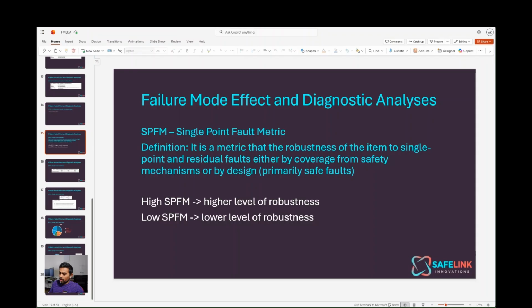SPFM is one of the hardware architectural metrics that is recommended in Part 5 of ISO 26262. Essentially, it is a metric that defines how robust a system is to single point and residual faults.